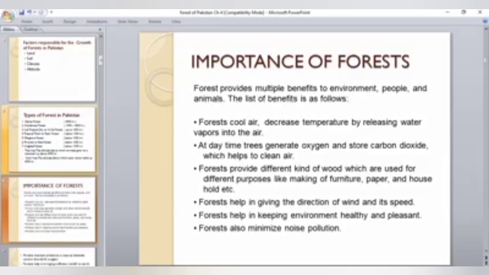Forests provide different kinds of wood, which are used for different purposes, like making furniture, paper, and household items. Forests also help in giving direction to the wind and controlling its speed. Forests also help in keeping the environment healthy and pleasant. Forests also minimize noise pollution.